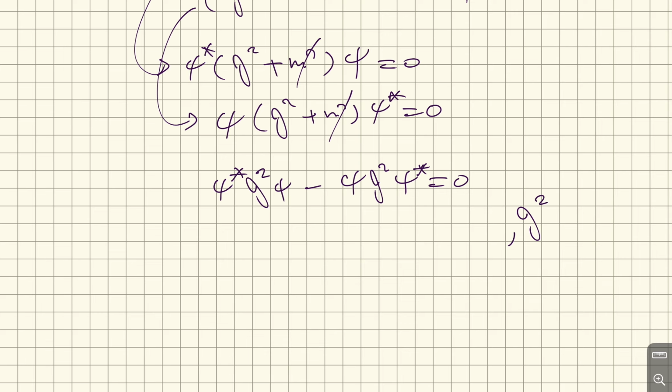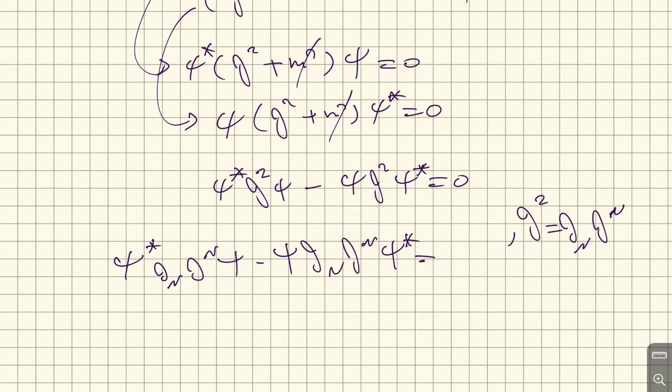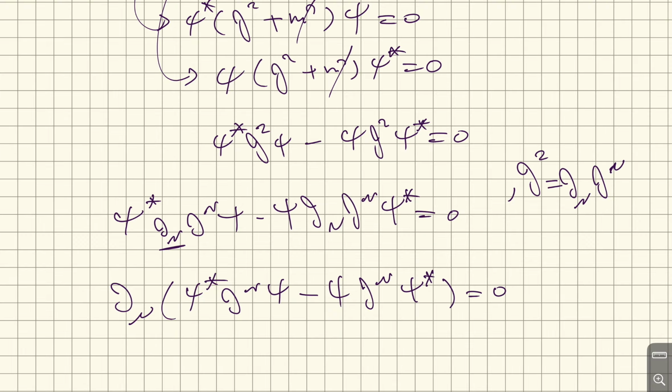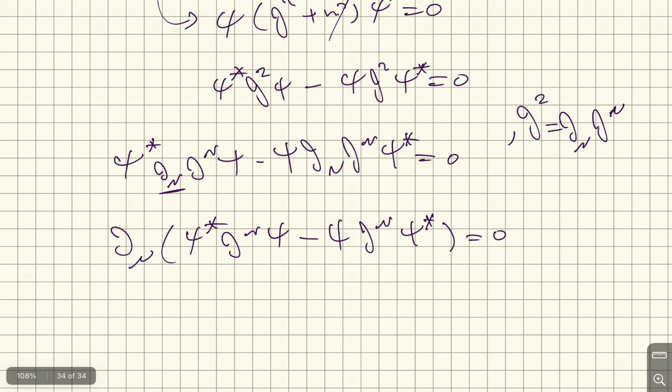Remember that partial square is partial mu partial mu. So we substitute, and we have psi conjugate partial mu psi minus psi partial mu psi conjugate equals 0, and we can factorize this.